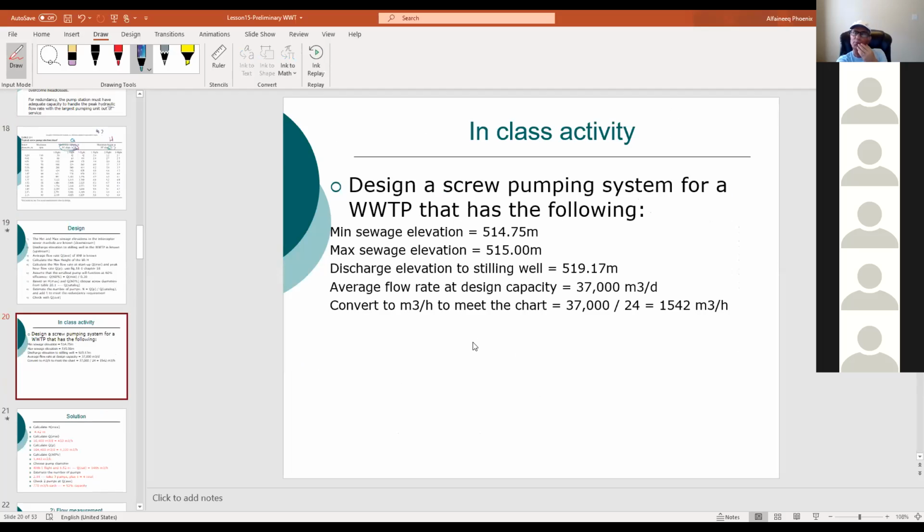Okay, let's write these numbers and we'll go with them and try to find one. This is the minimum sewage elevation in the interceptor. Write this down. Minimum in the interceptor, maximum in the interceptor. This is the fluctuation. This is the minimum here, and this is the maximum.